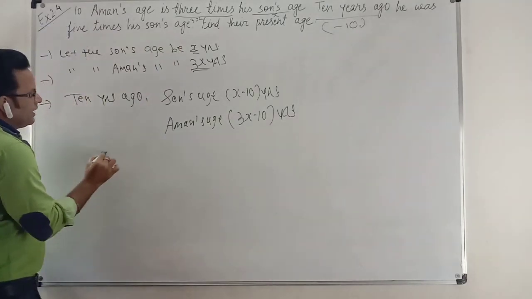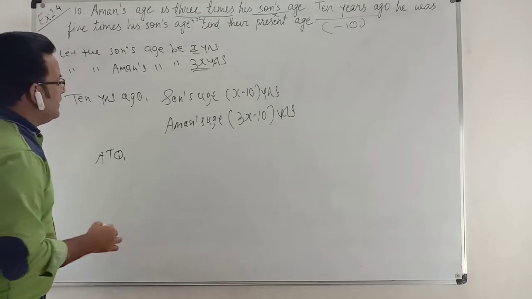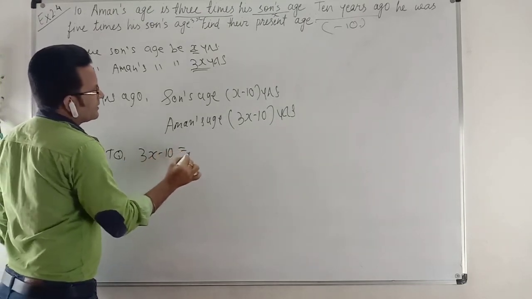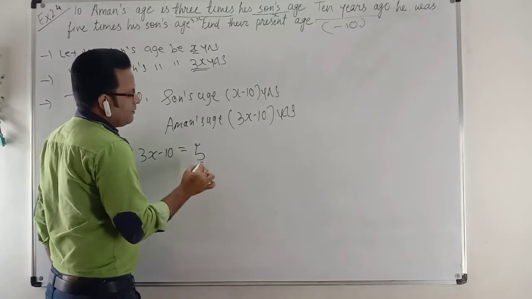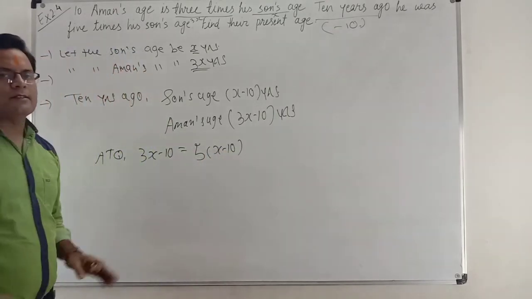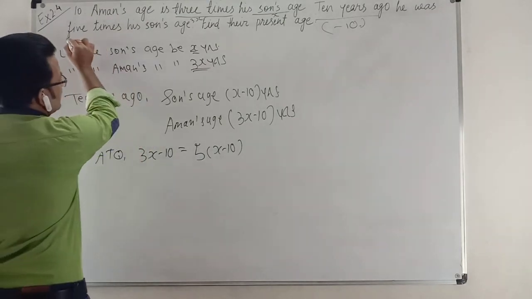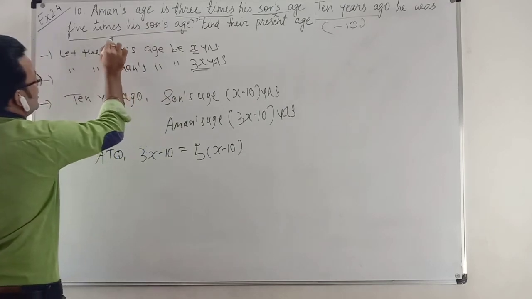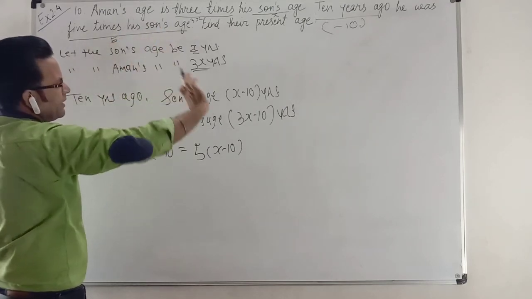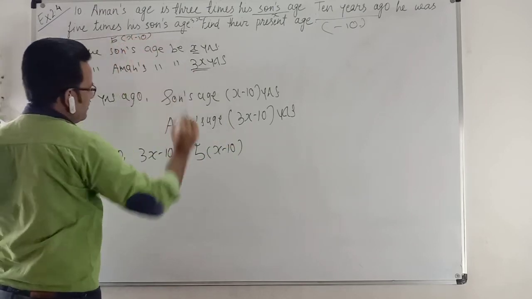So according to the question, father's age, 3x minus 10 is equal to 5 times son's age. So this is your equation, because here they say 5 times his son's age, means 5 into whatever his son's age was then, that is x minus 10.